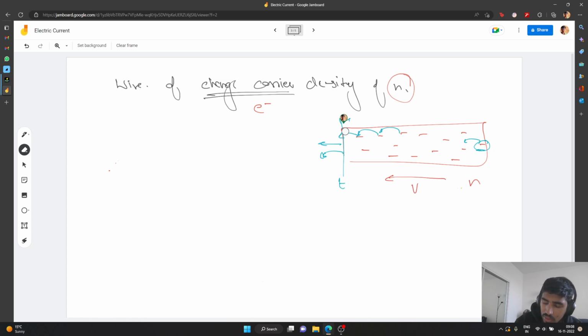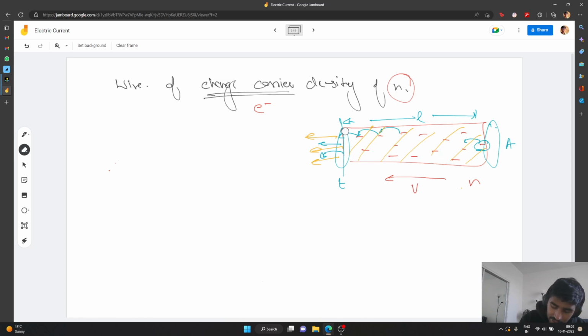Okay, let's also call this length L, and the area of this, because it will have some area, area A, right? So how many electrons have come out? So my question is this. How many electrons have come out of this? Answer is simple, right? Whatever is inside this volume has come out of the other end.